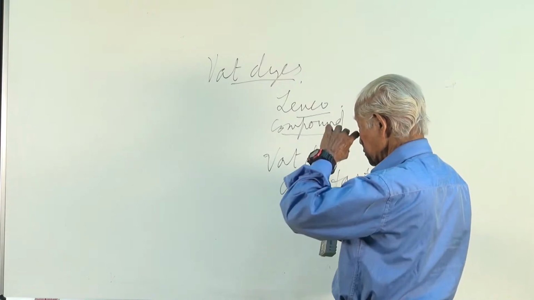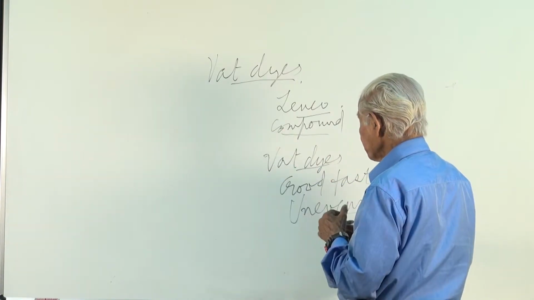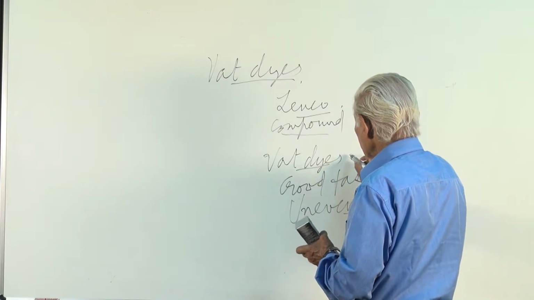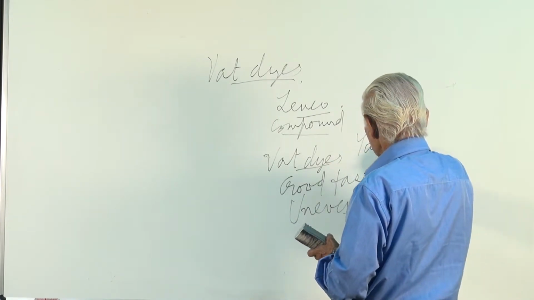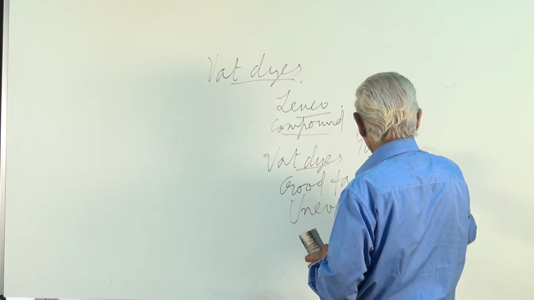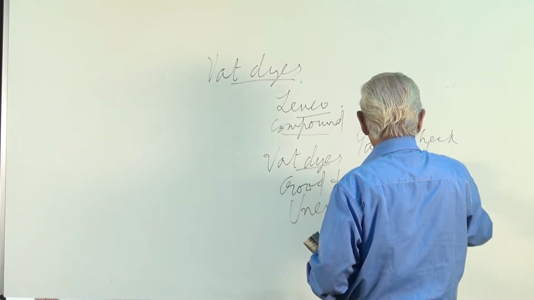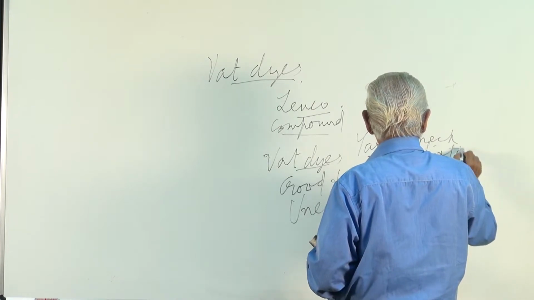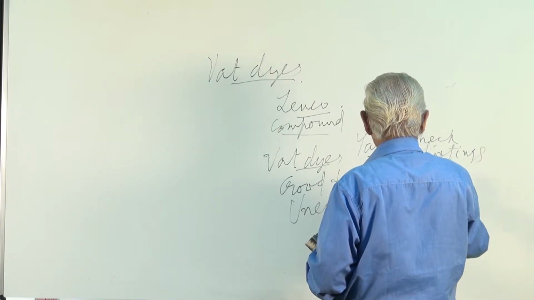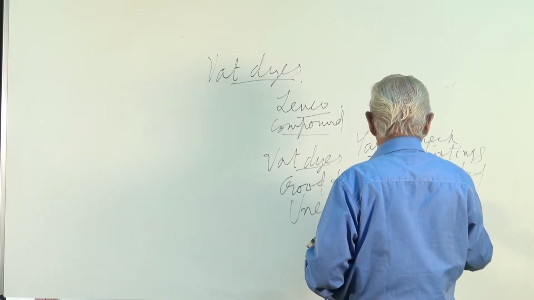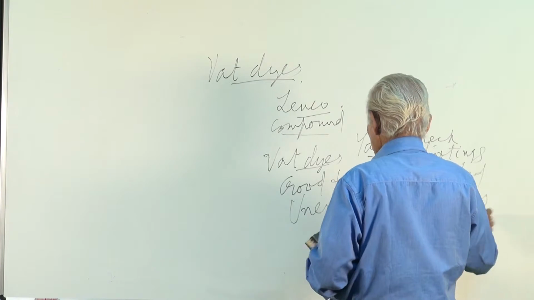The machines that are used for dyeing VAT dyes are jiggers. Jumbo jiggers can be used, and yarn is dyed using VAT dyes for the production of check shirting or stripe shirting, lungis, etc.